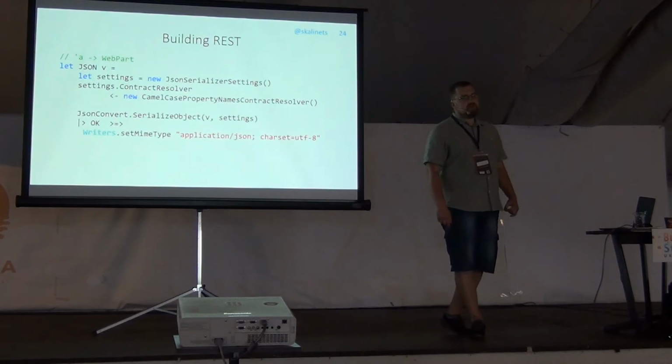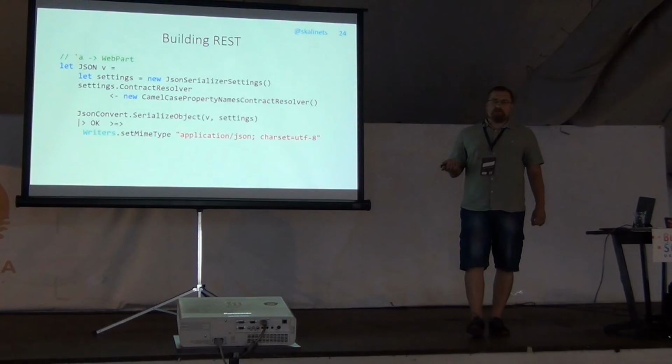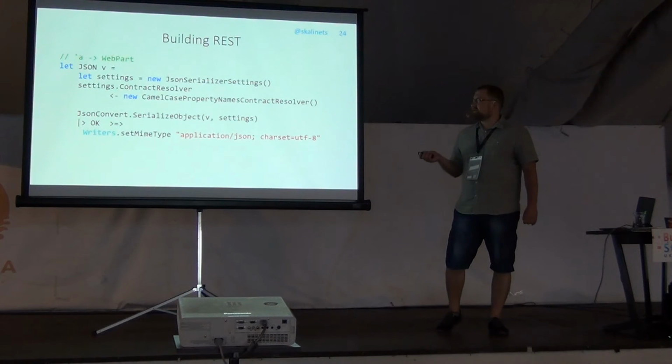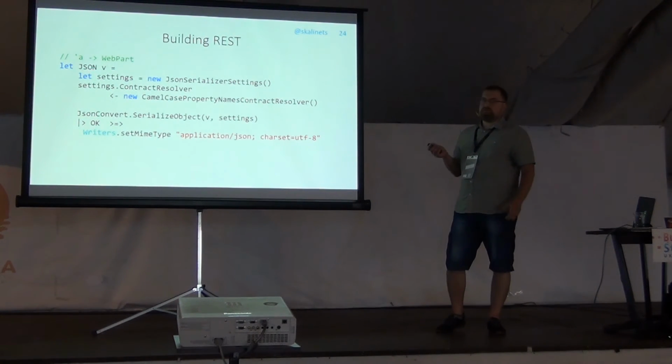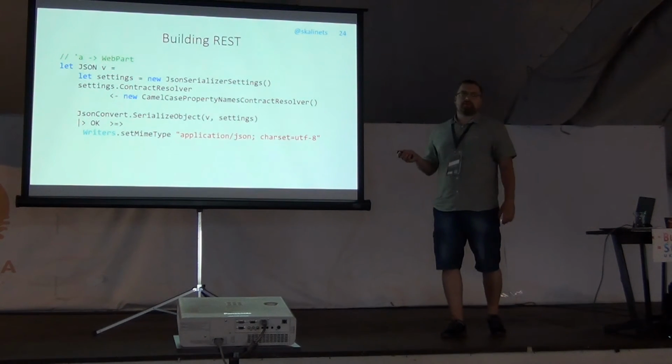However, there is a very easy way to plug in another serializer. And in this case, those of you who do some programming in .NET probably recognize that this is a Newtonsoft JSON serializer.